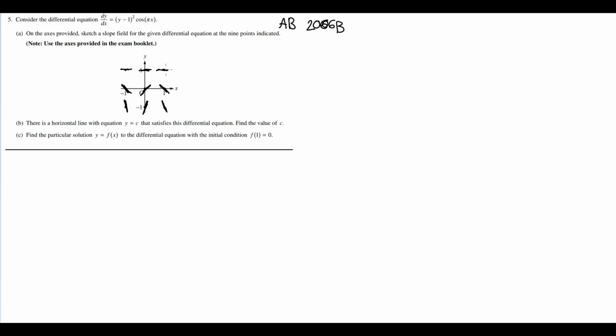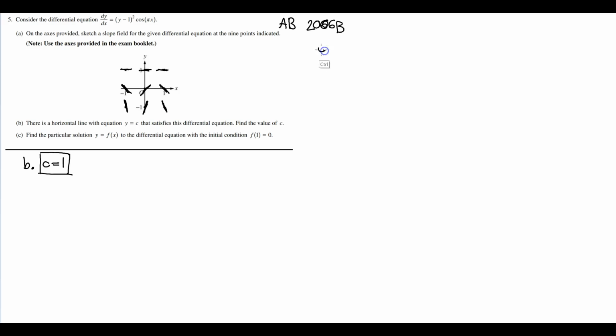You can use the slope field we just made to have a pretty good guess, and we can see quite easily that c is equal to 1, because the line y equals 1 is flat. If you plug in all the points with y coordinate 1, the slope will be 0, so it does indeed satisfy the differential equation.